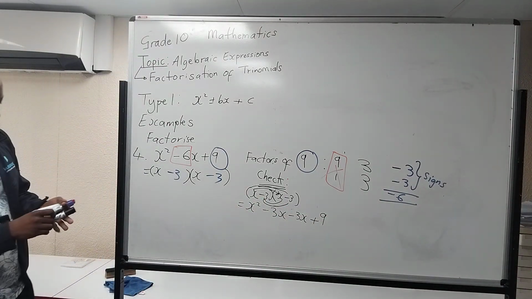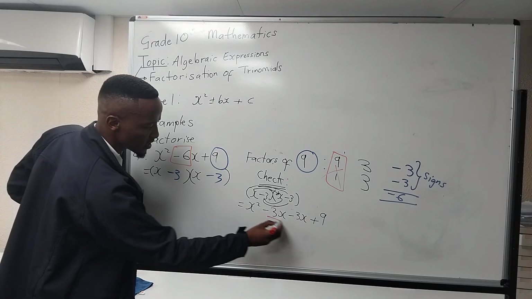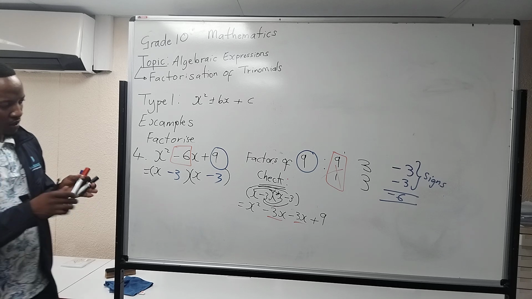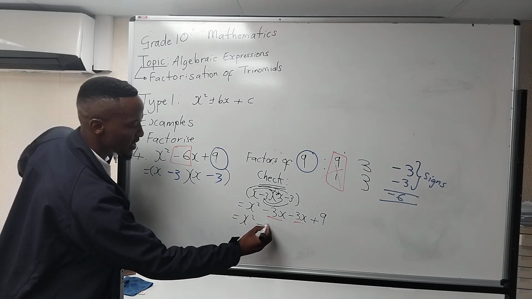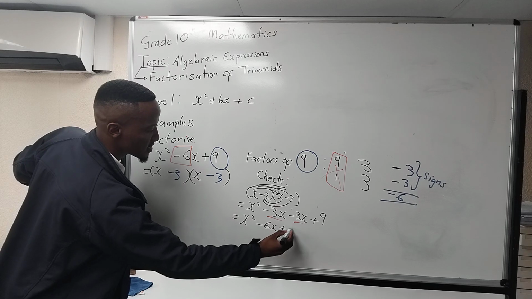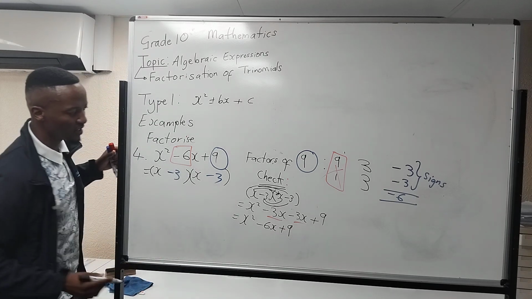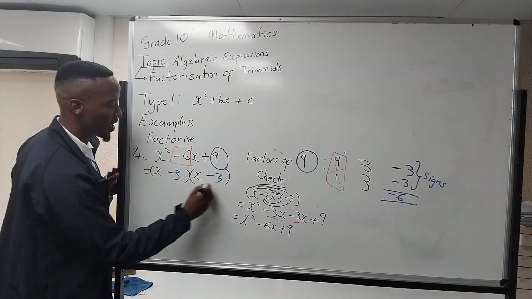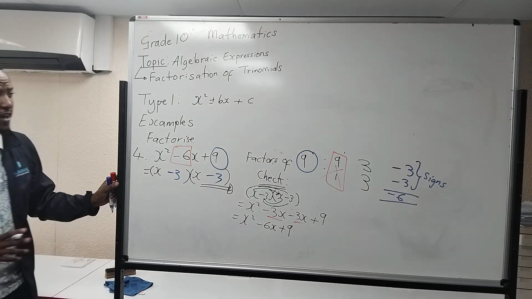We identify our like terms. Yes, we do have the like terms there, -3x and -3x. This simplifies to x squared minus 6x plus 9. The minute we get our original trinomial, then we know that our factorization is correct. Then we accept this factorization of our trinomial.